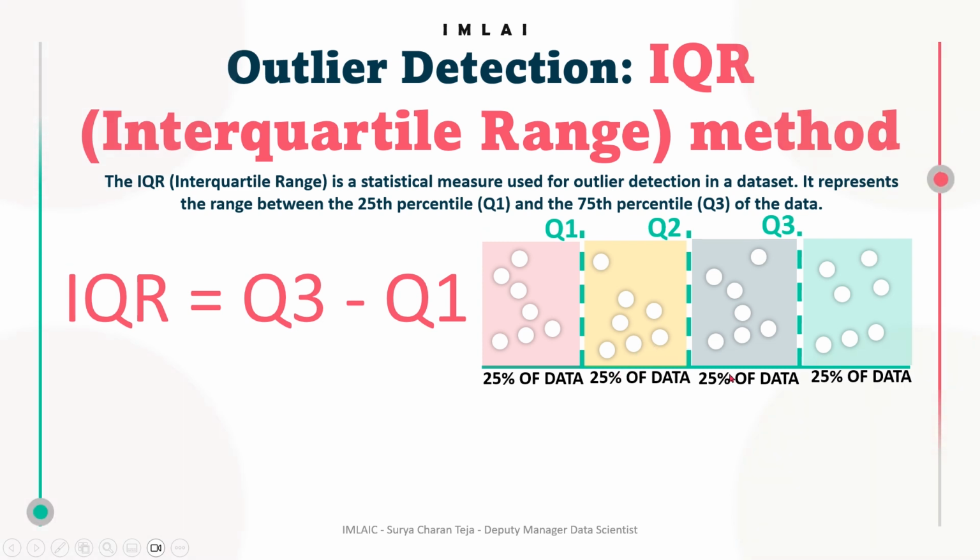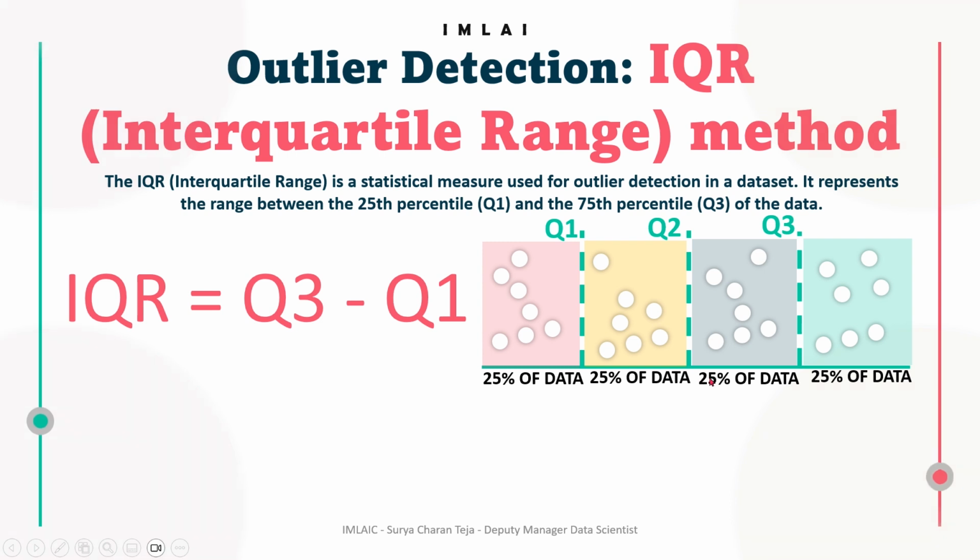So if you put it in very simple terms, the IQR, this interquartile range, is Q3 minus Q1, the range from here to here. This interquartile range captures the middle 50% of data.